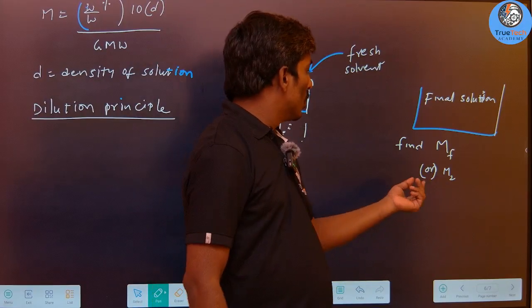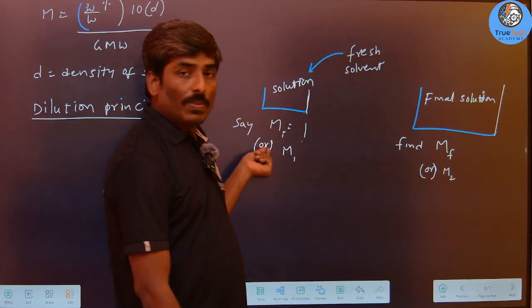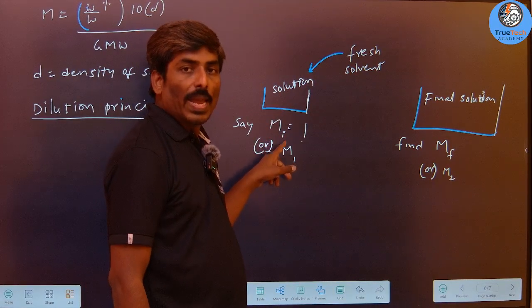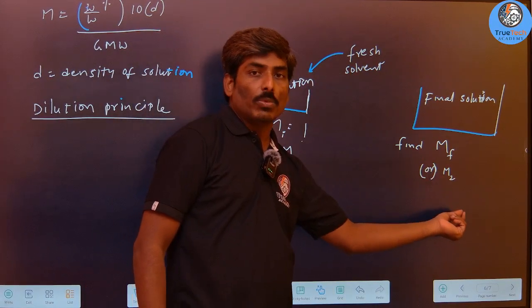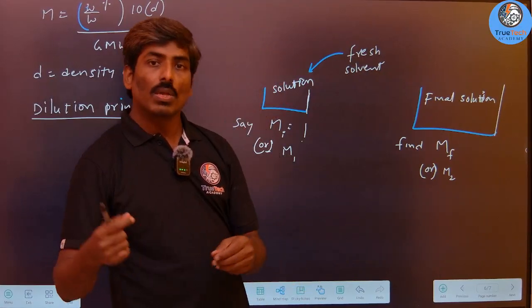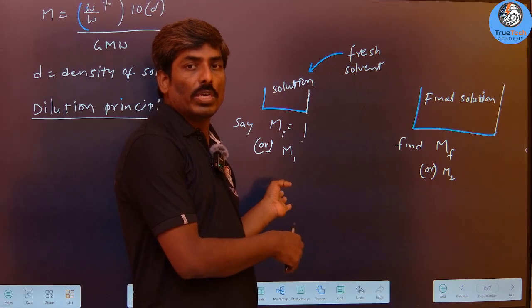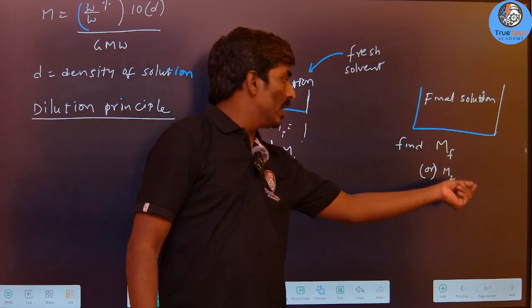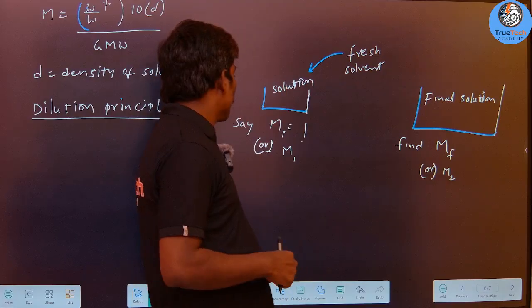Okay, so let us see. Initial molarity is represented as M1, and final molarity as M2. There is no restriction on using 1, 2; we need to indicate something, so we took these. M1 is the initial molarity, M2 is the final molarity.